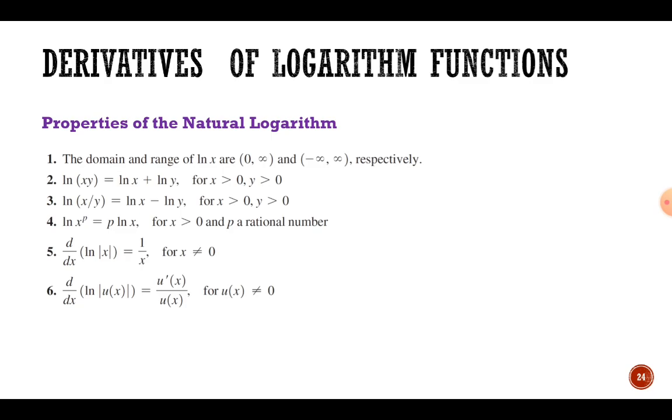Just now I introduced log, logarithmic: log a base b equals x, for example. As I said, this is one example of a logarithmic function. If we change it into exponential form, b is the base, so b power of x equals a.